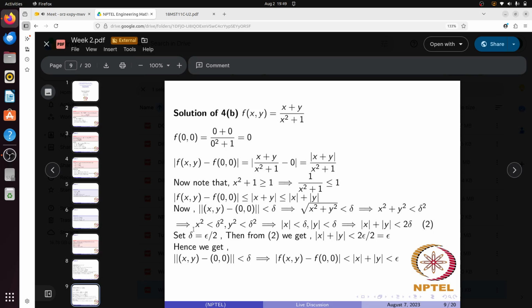This makes the modulus of x plus the modulus of y less than 2 delta. So now you set delta equal to epsilon by 2. Then the modulus of x plus the modulus of y is less than 2 into epsilon by 2, which becomes epsilon. Hence the norm of (x,y) minus (0,0) is less than delta, and this will give you the modulus of f(x,y) minus f(0,0) less than the modulus of x plus the modulus of y, less than epsilon.